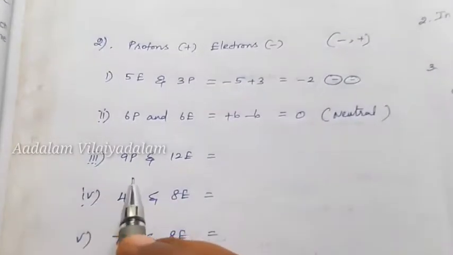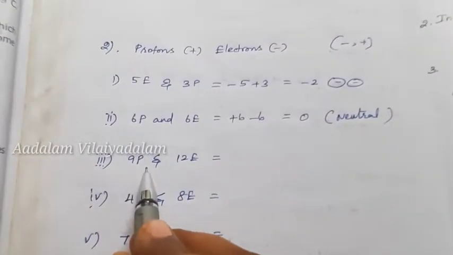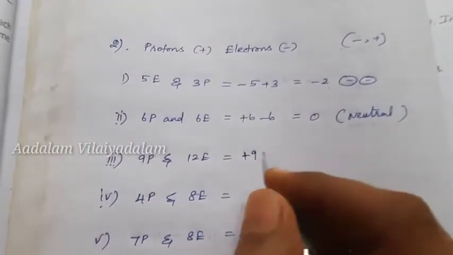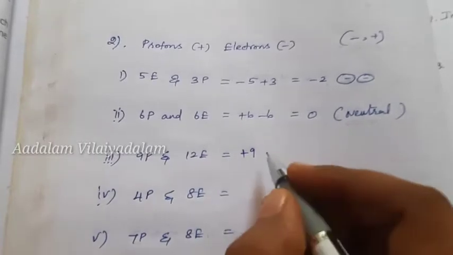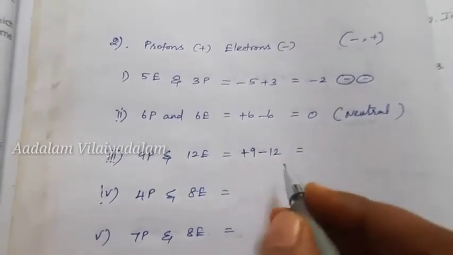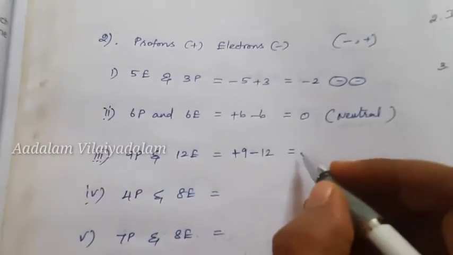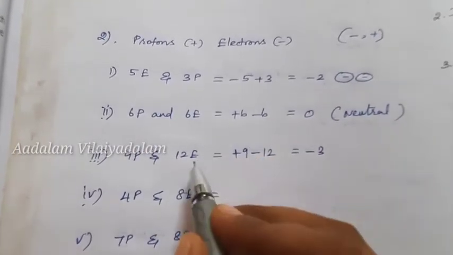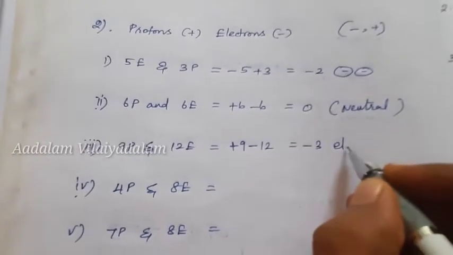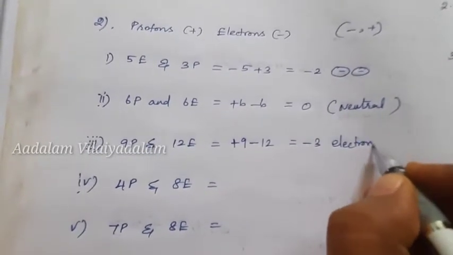The next one, 9 protons and 12 electrons. Protons means plus 9. Then 12 electrons means minus 12. If we subtract these values, we get minus 3. This minus represents electrons, therefore minus 3 electrons.